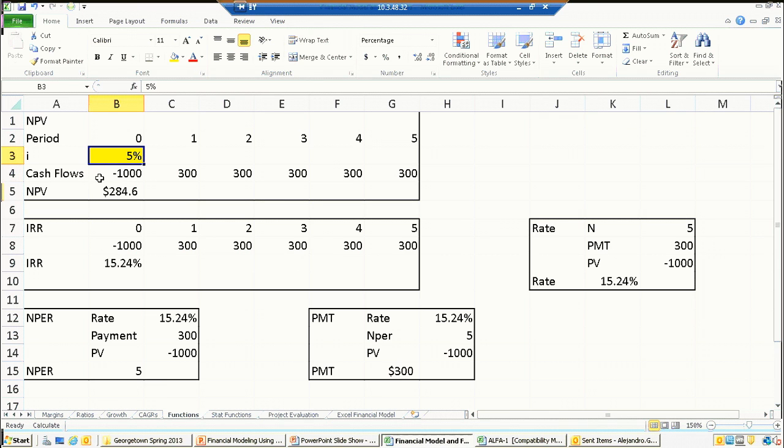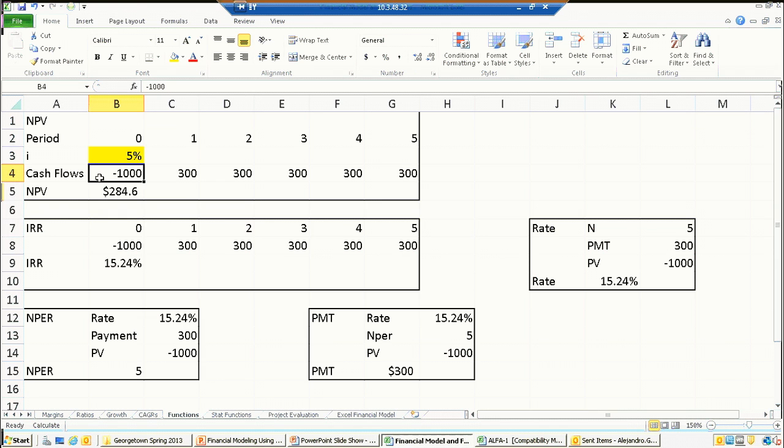So in this case, what I'm assuming is a cost of capital of 5%. Let's assume you're financing this project with a loan that will cost you 5%. So let's assume that your cost of opportunity is 5%. You have other projects that at least give you a 5% return.